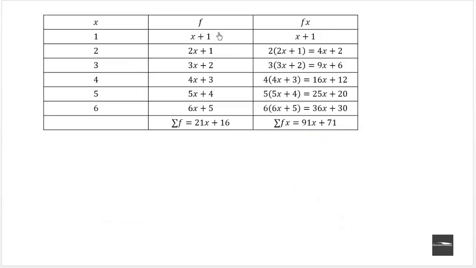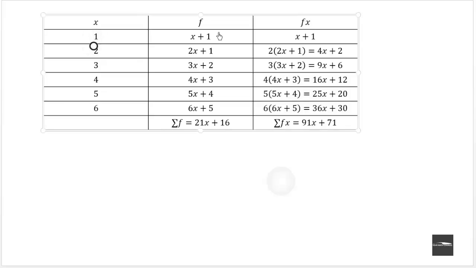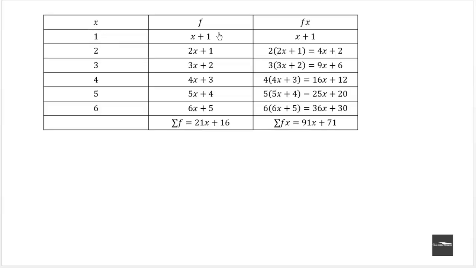So when we times 1 by x plus 1, we get x plus 1. 2 times 2x plus 1, then we expand to get 4x plus 2. 3 times 3x plus 2, we expand to get 9x plus 6.